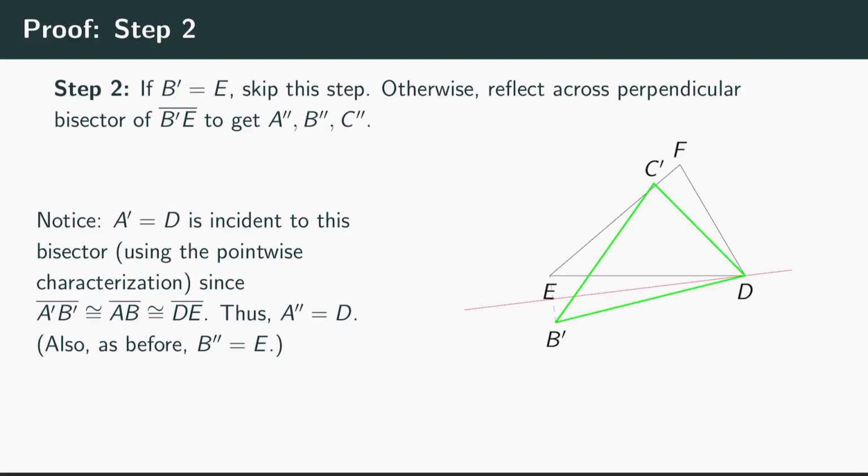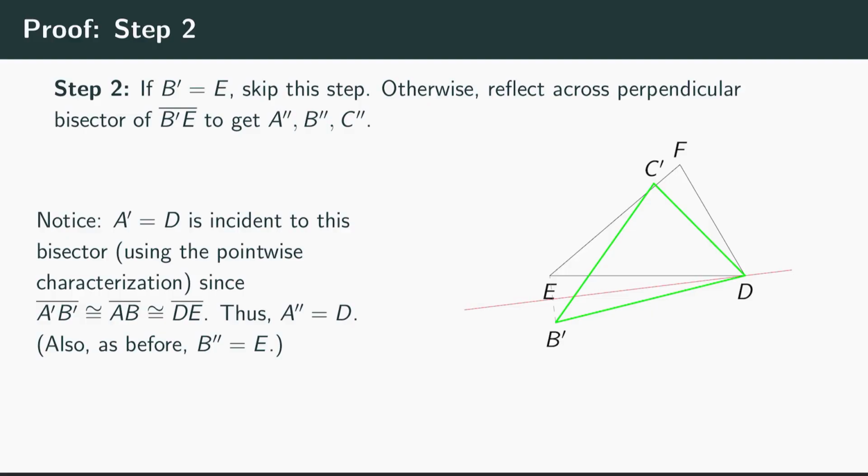But the distance from D to E is also equal to that by our hypothesis that the triangle ABC was congruent to the triangle DEF. So that means that this point D, or A prime, is on that perpendicular bisector of EB prime, and hence it doesn't move when I take the reflection.